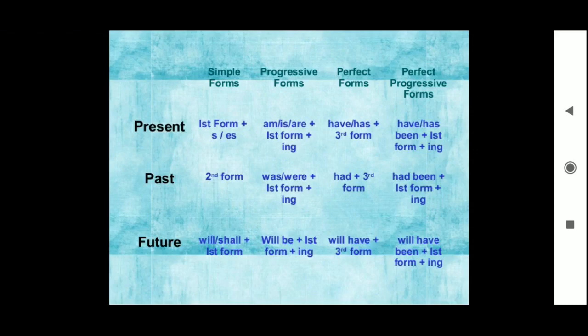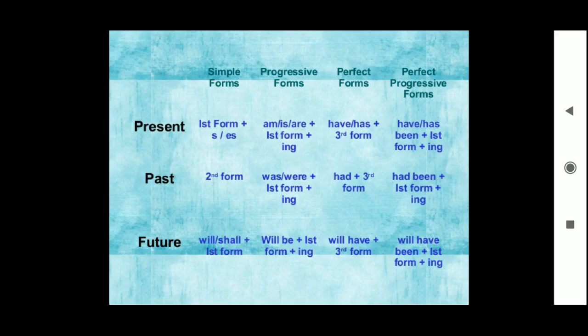Now, past perfect tense. In past perfect tense, we use had plus third form of the verb plus object. In past perfect continuous or progressive tense or forms, we use had been plus first form of the verb plus ing.